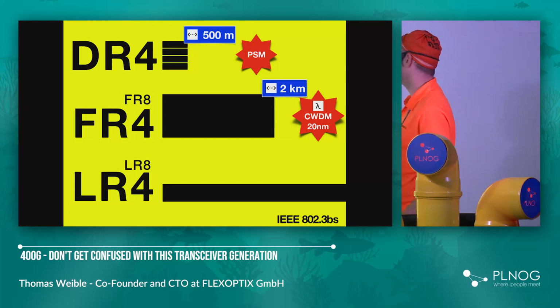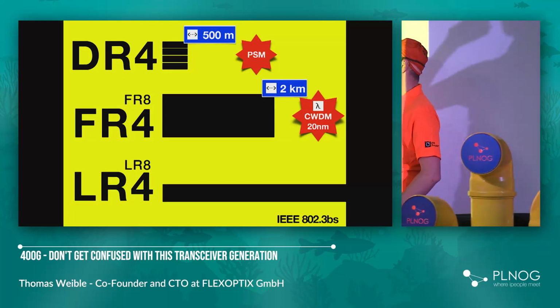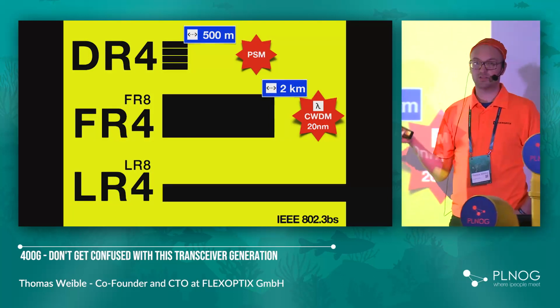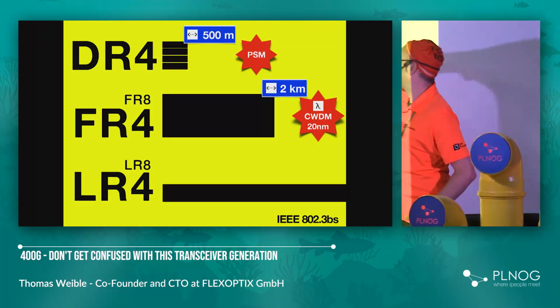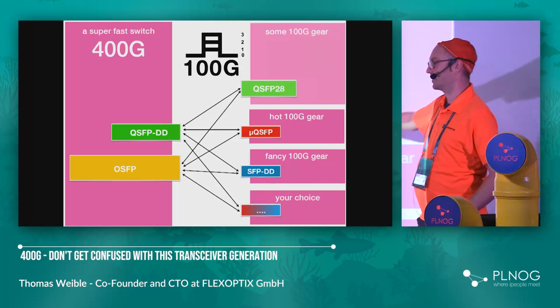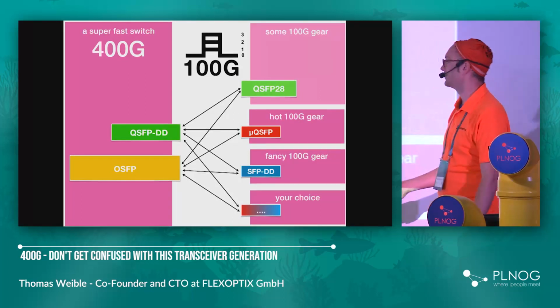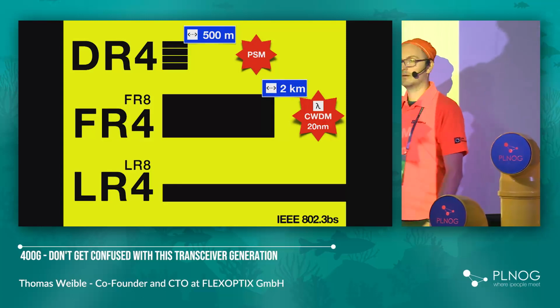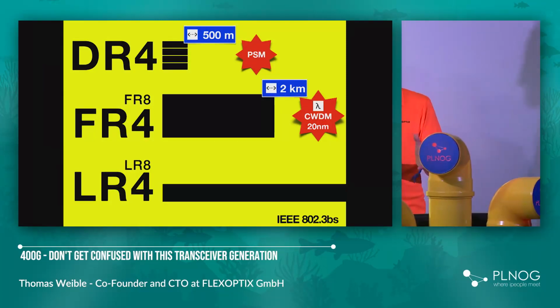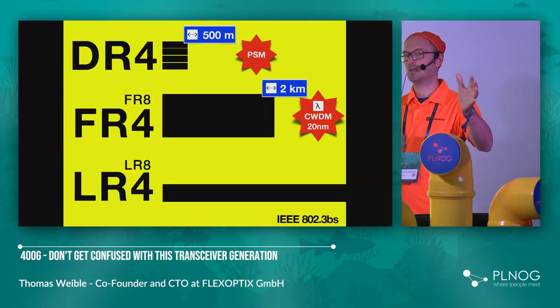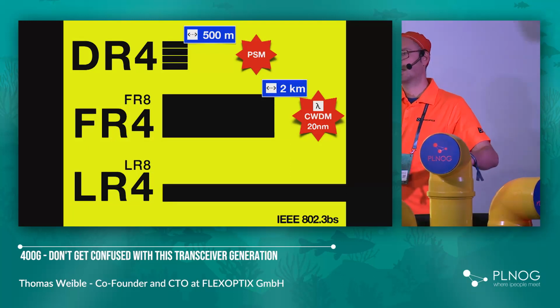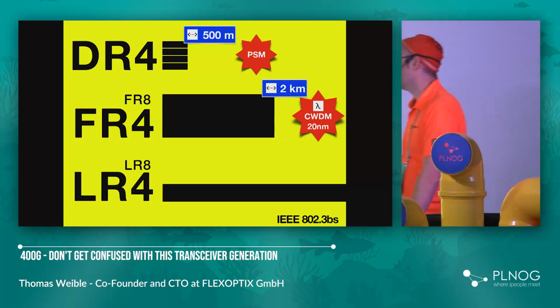So how do they differ? DR4 is mainly intended for data center interconnects, especially when you look at this type of application. So you have a breakout mode, 4 times 100 gigabit up to 500 meters in a parallel single mode way. You might have seen those breakout cables with the MPO plug on the one side and then the LC duplex on the other side.